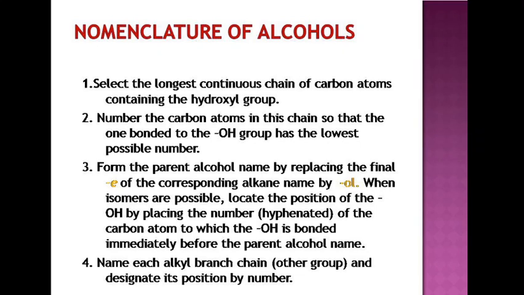The second rule is to number the carbon atoms in the chain so that the lowest possible number goes to the carbon atom bonded with the hydroxyl group. And the third rule is the replacement of the final E of the corresponding alkane by OL.